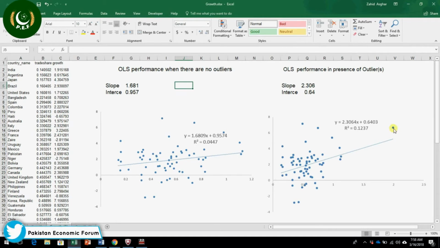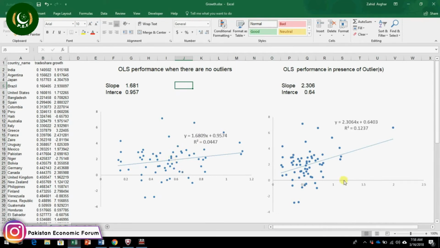Here you have Malta, but here you don't. So you see the pattern looks altogether different, and your slope is 1.68 and intercept is 0.95. So a single value can change the whole equation by a large magnitude.